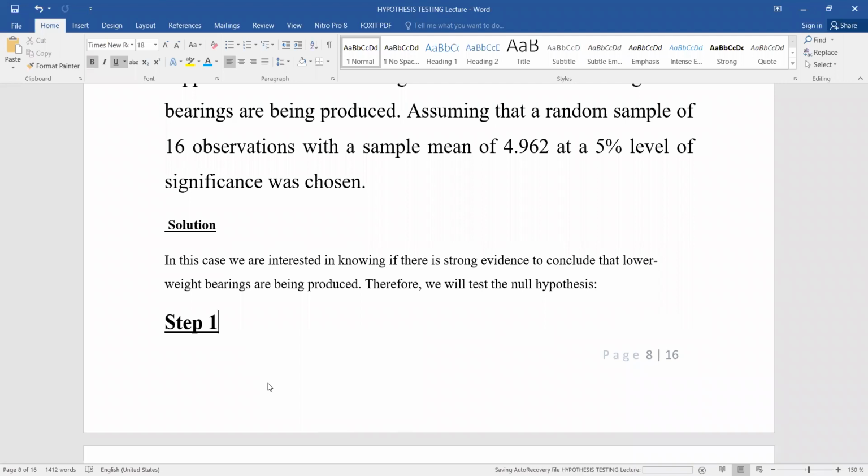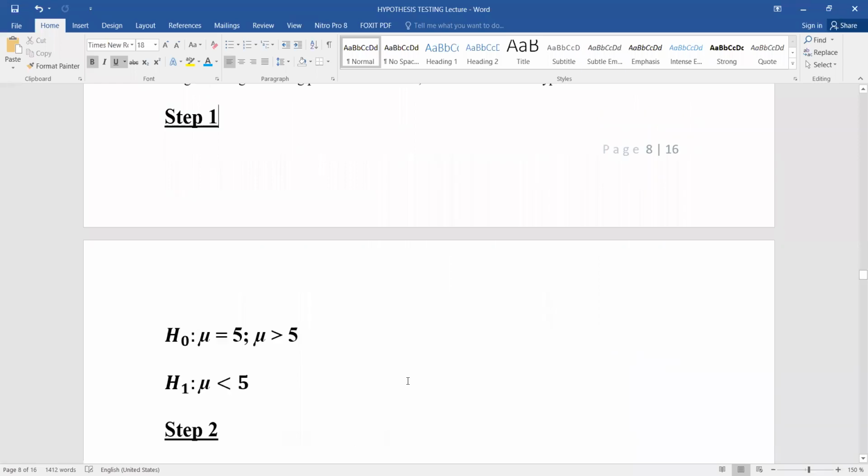H naught: mu is equal to 5. Correct. How about H1? Mu is less than 5. So this is the first hearing.